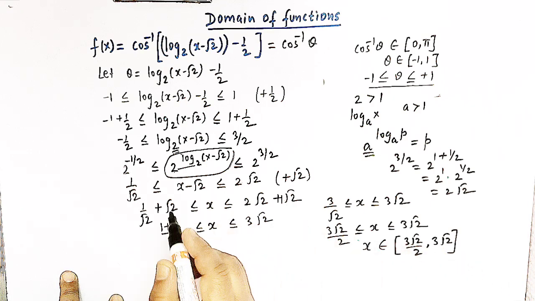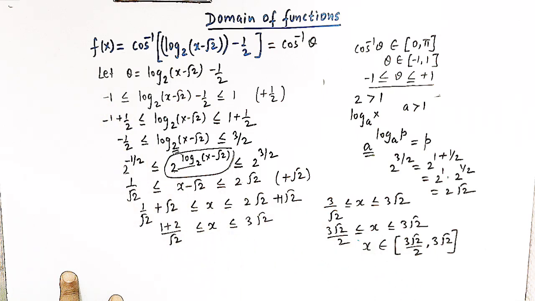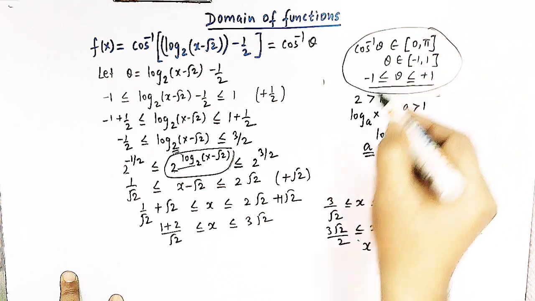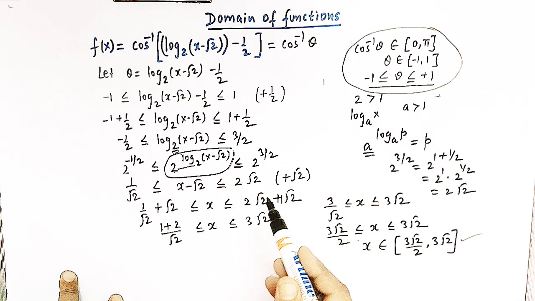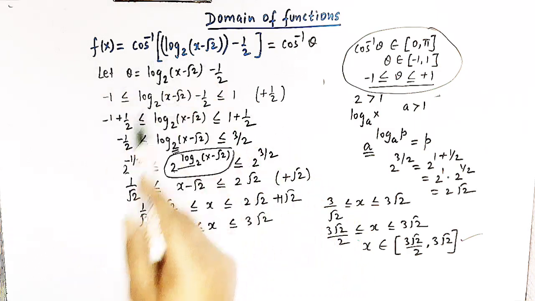So the valid values of x for which this function f of x is defined is given by this closed interval 3 root 2 over 2 comma 3 times square root of 2. So this is how, by making use of the concept of inverse trigonometric functions and this inequality, we can easily find the domain of functions of these kinds.